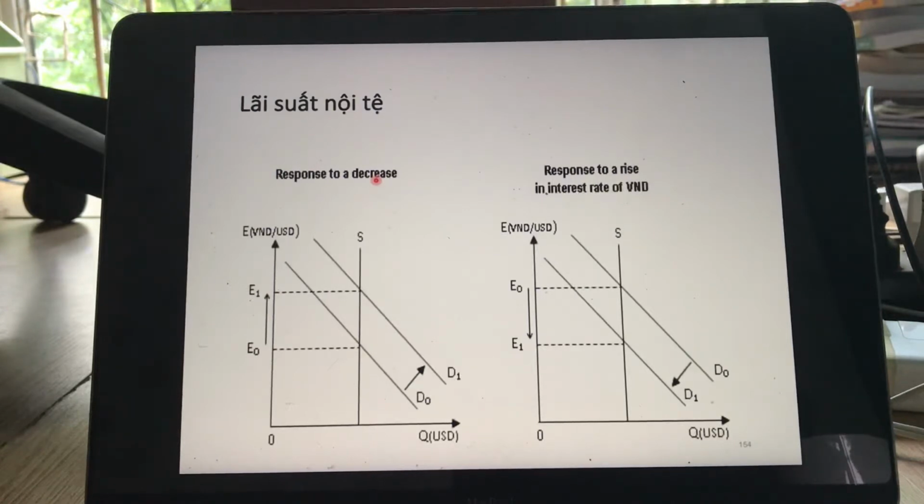Okay. Here we assume that people are profit seekers.